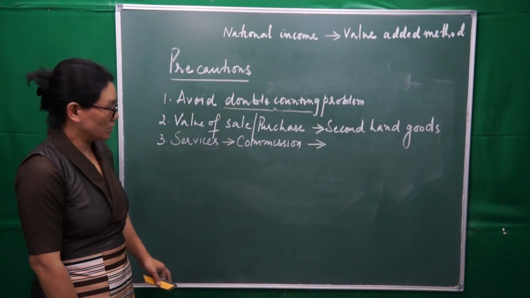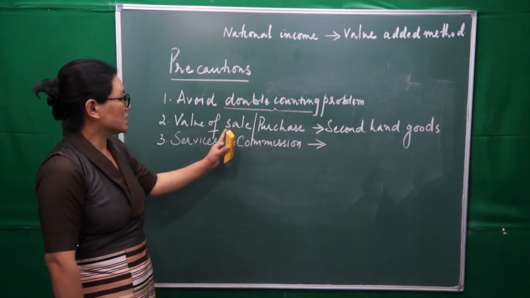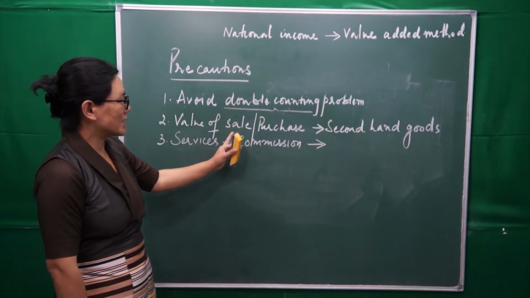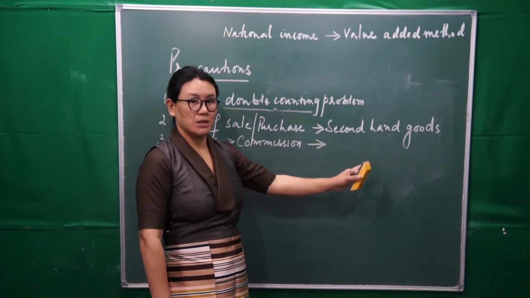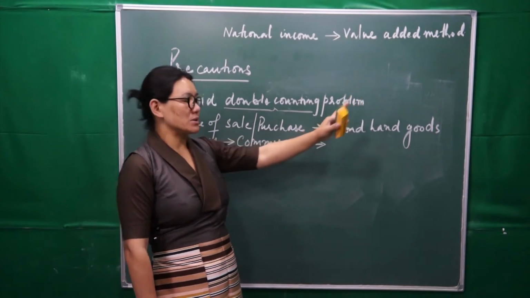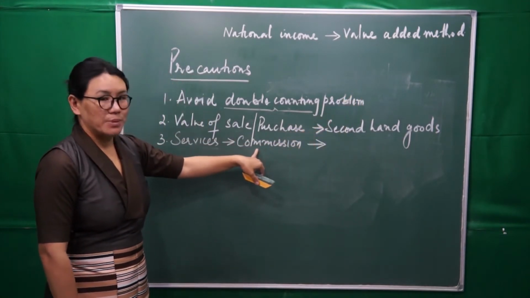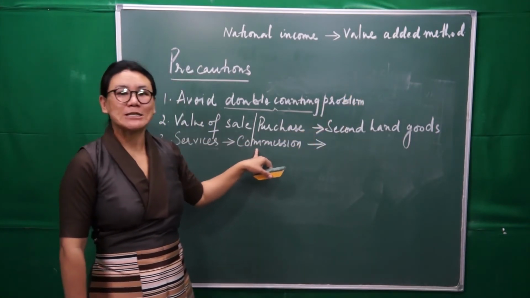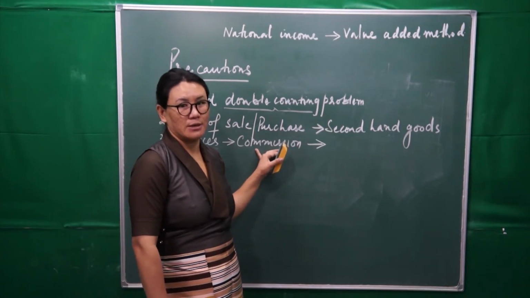Is that clear? So commission which is earned from selling second-hand goods is included because commission is paid for rendering services. Okay?